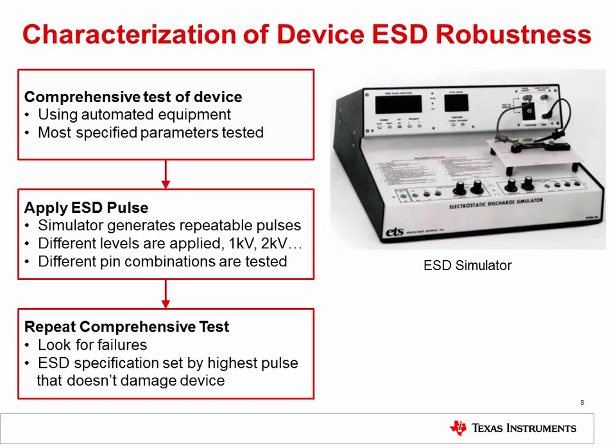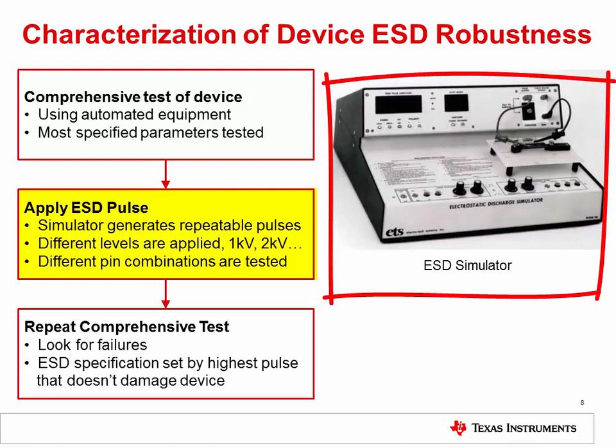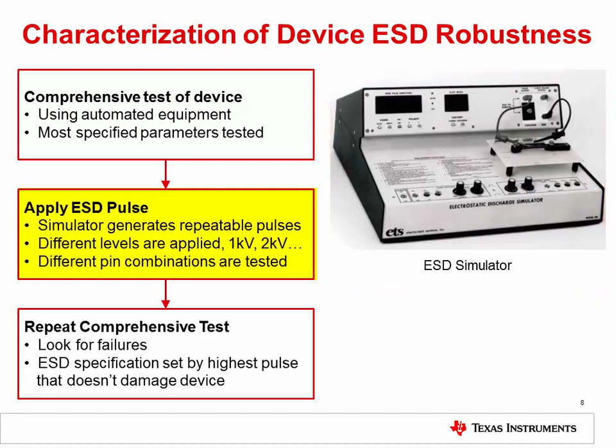During the initial development of a semiconductor product, the ESD robustness is characterized. First, a statistically significant sample of devices are fully tested using automatic test equipment. Generally, most of the datasheet parameters are measured during this automated test. Second, a specialized ESD test system is used to apply a simulated ESD pulse to the device.